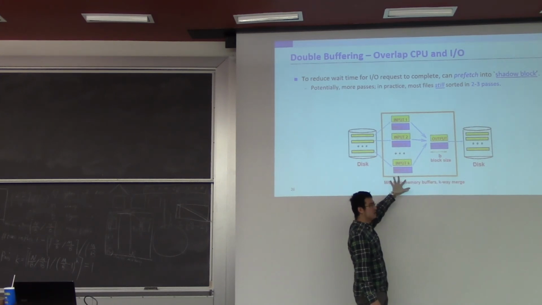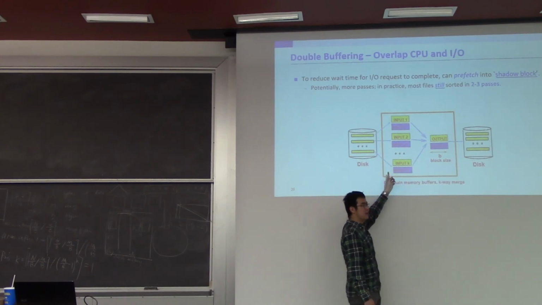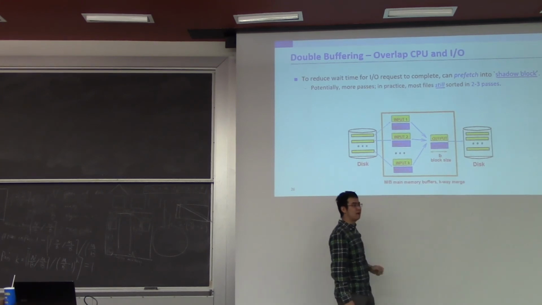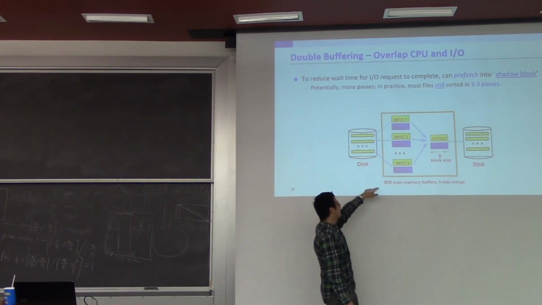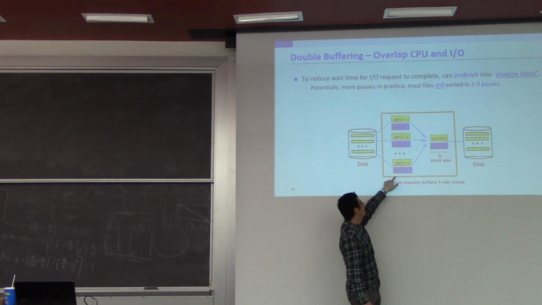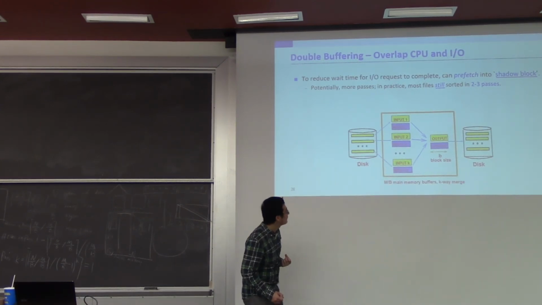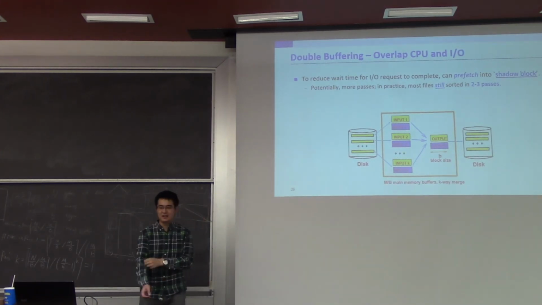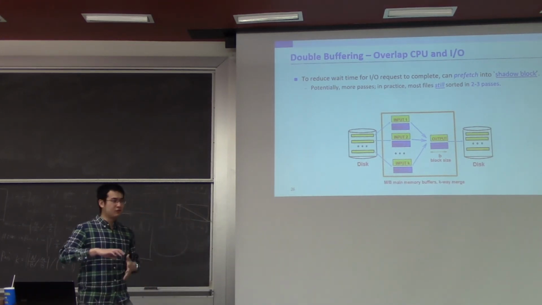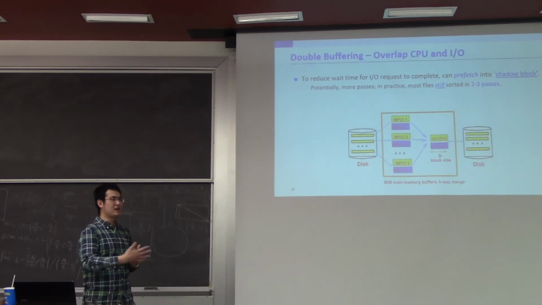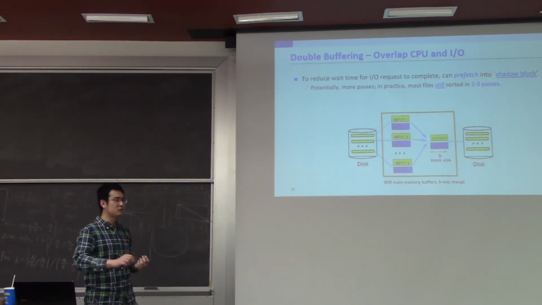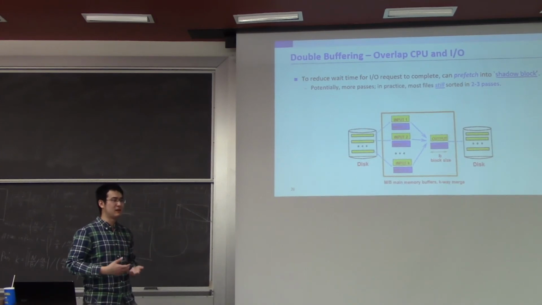But this is actually done in the background. During the process of scanning through K, you already prefetched the next page into input K prime. So you can just switch this color to yellow and switch this color to black. No, it's not black, it's blue. Okay. And once you complete this switch, you do another prefetch of the next page, also in the background, and you can continue with all your scanning operations.